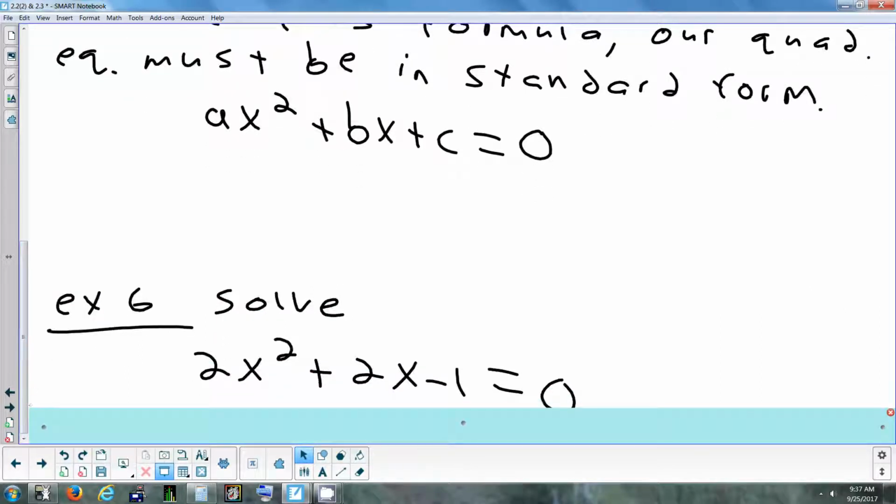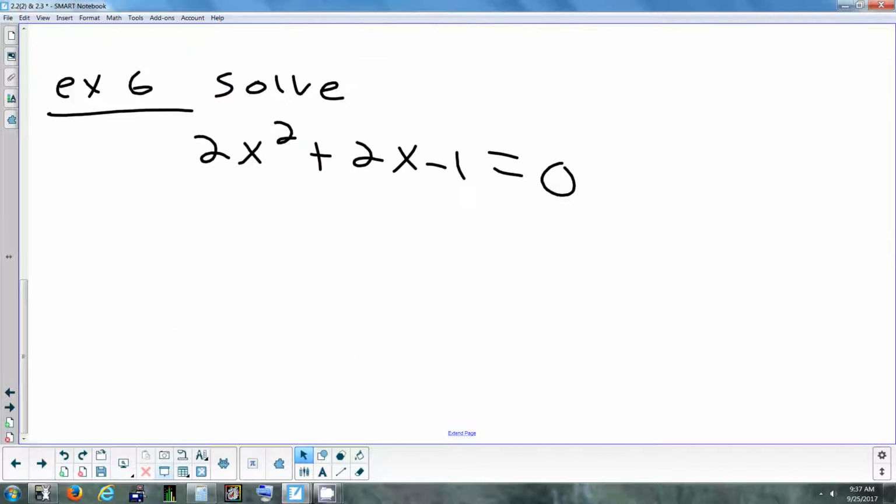All right, so let's solve this one. Looking at it, I don't think that that's factorable. So let's set it up to use quadratic formula. Rebecca, what would A be in this case? 2. B, J? 2.